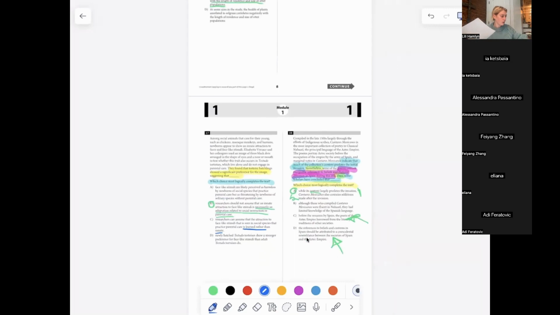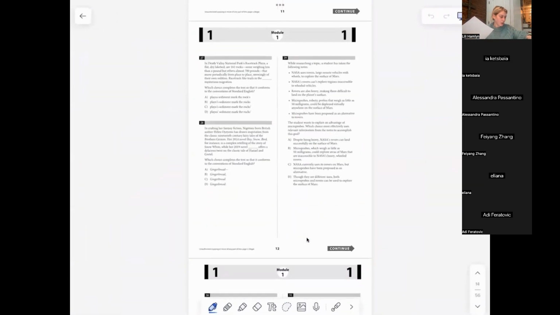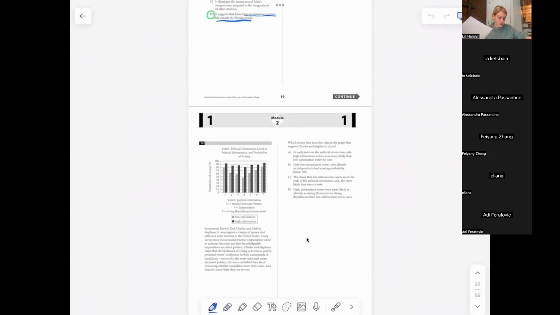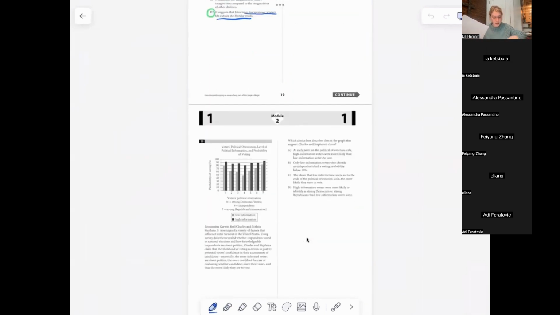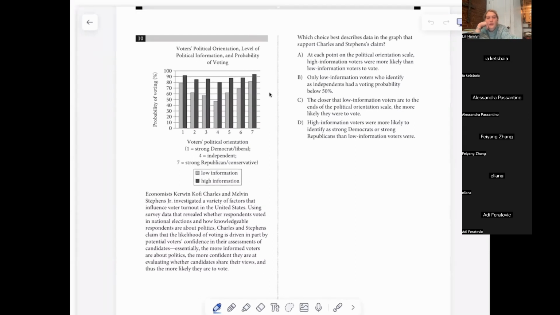Yeah, it's paper 2. All right, so we're going to start with module 2 questions, 10 to 17, starting on this political orientation one. Can everyone give me thumbs up, smiley faces, anything to indicate that you're ready to do it? Fab.